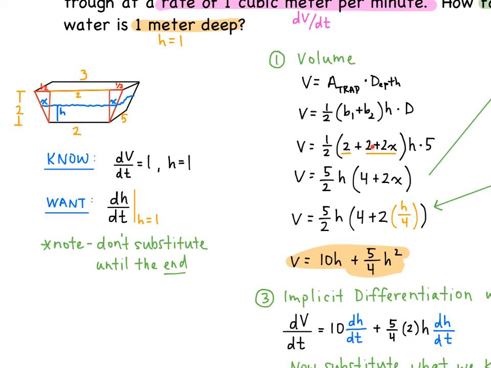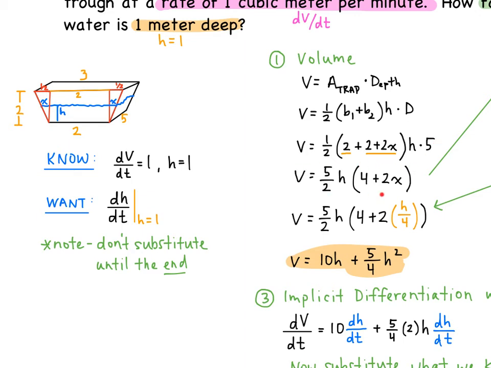But then we have to add this X plus this X to represent the water. So that's where we get this 2X from. The height of the water, that's this blue H right here. And the depth of the trough is 5.